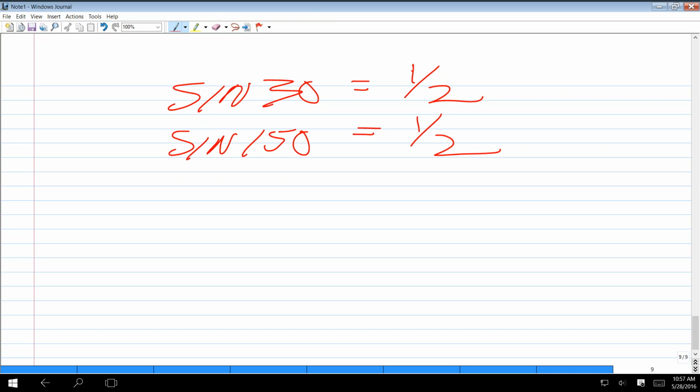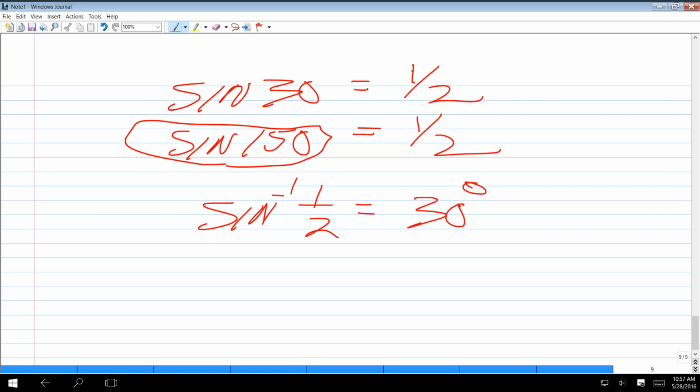But the inverse sine of 1/2 is always going to tell you 30 degrees. It's never going to give you the 150 degree answer from the calculator, even though it is correct.